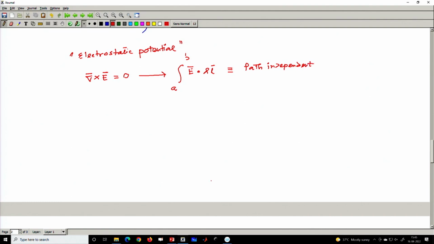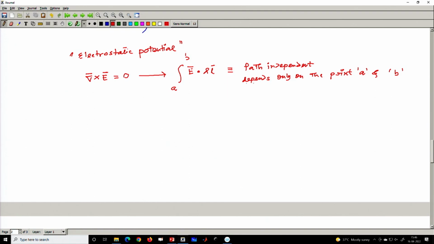It depends only on the points A and B, only the end points.